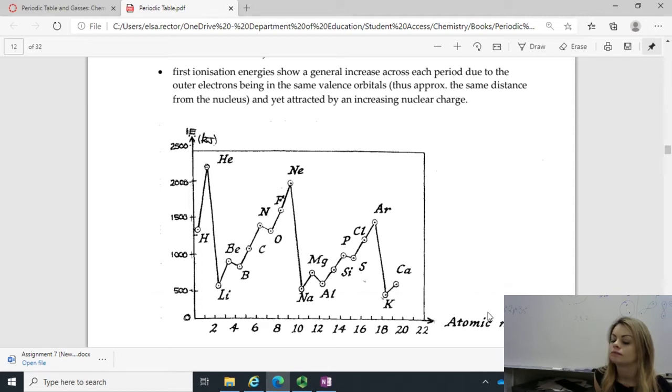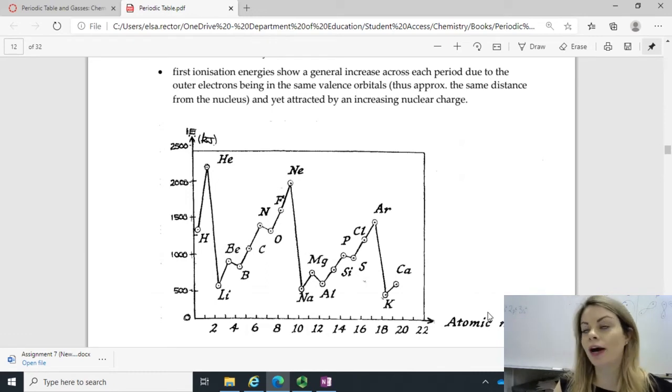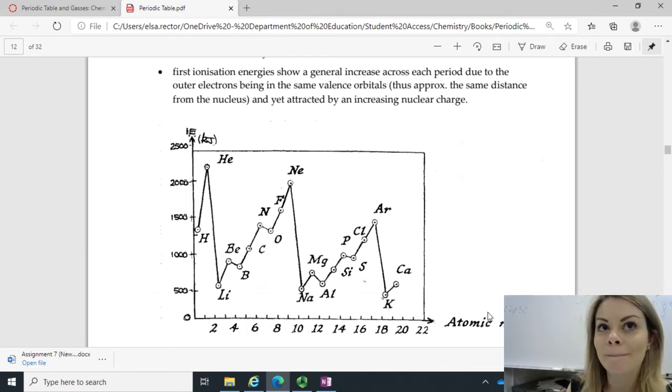Why can boron lose an electron easier than beryllium? That is a fantastic question, Patrick. Because let's write out the electron configuration for boron and beryllium.